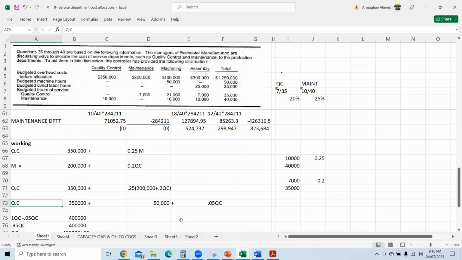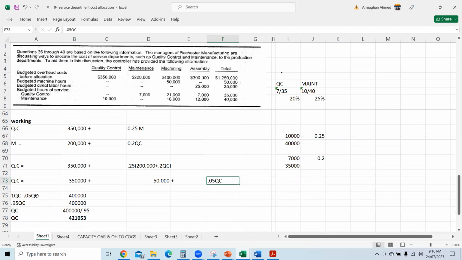Now what I have done here is, this minus this 0.05 QC, right? This 0.05 QC will come here and become minus 0.05 QC.